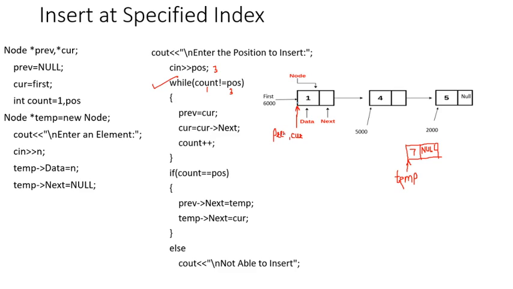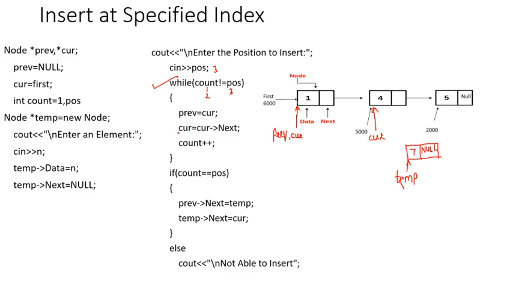So after executing this statement, prev starts pointing to this node. After that we increment the current pointer: current is equal to current arrow next, so current will start pointing to this node. Count is incremented, count will become 2. It will check whether 2 is not equal to 3. Yes, 2 is not equal to 3.